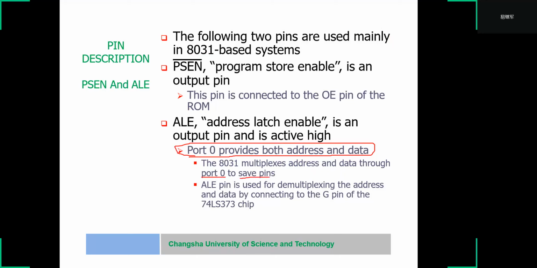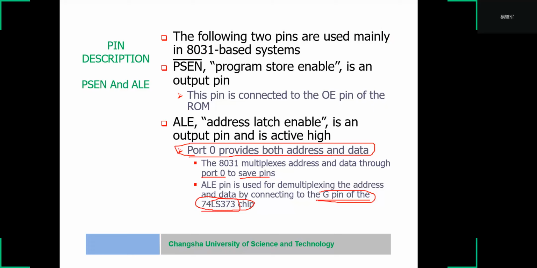The ALE pin is used for multiplexing the address and data by connecting to the G pins of the 74LS373.